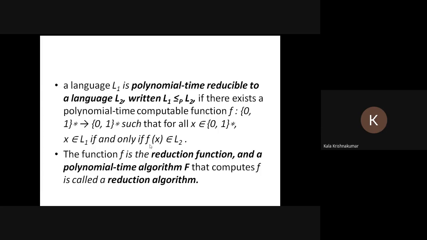So you'll get a different string, and that string should be in L2. That is the condition. If you are able to find such a polynomial time computable function, then you can say that L1 is polynomial time reducible to L2. So each instance in L1 should be mapped to some instance of L2.